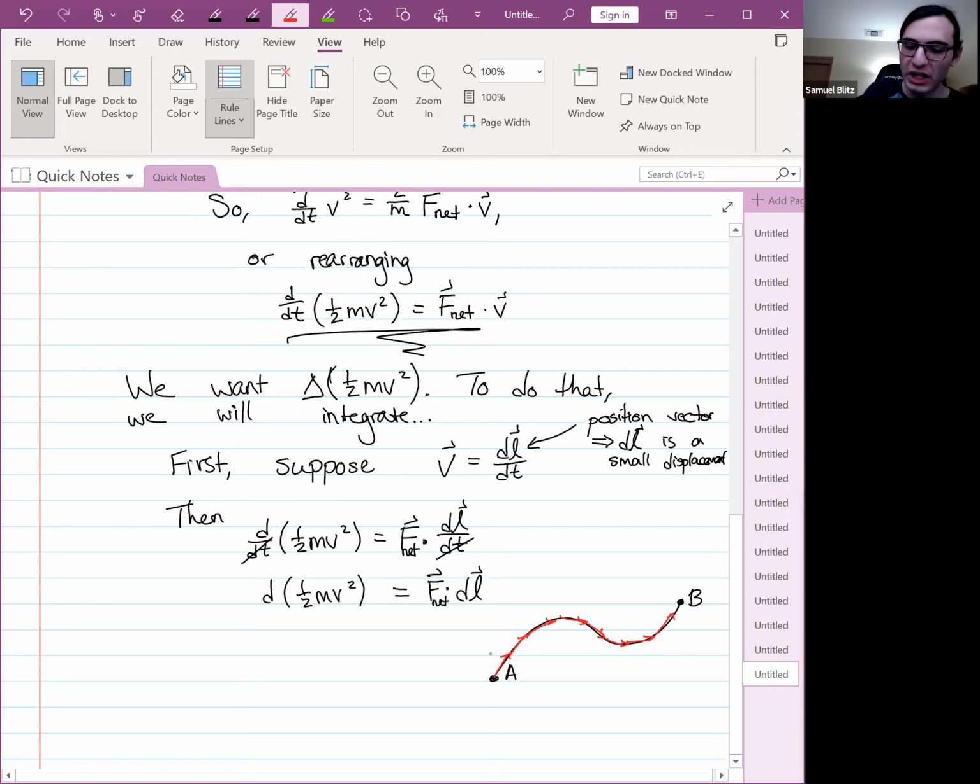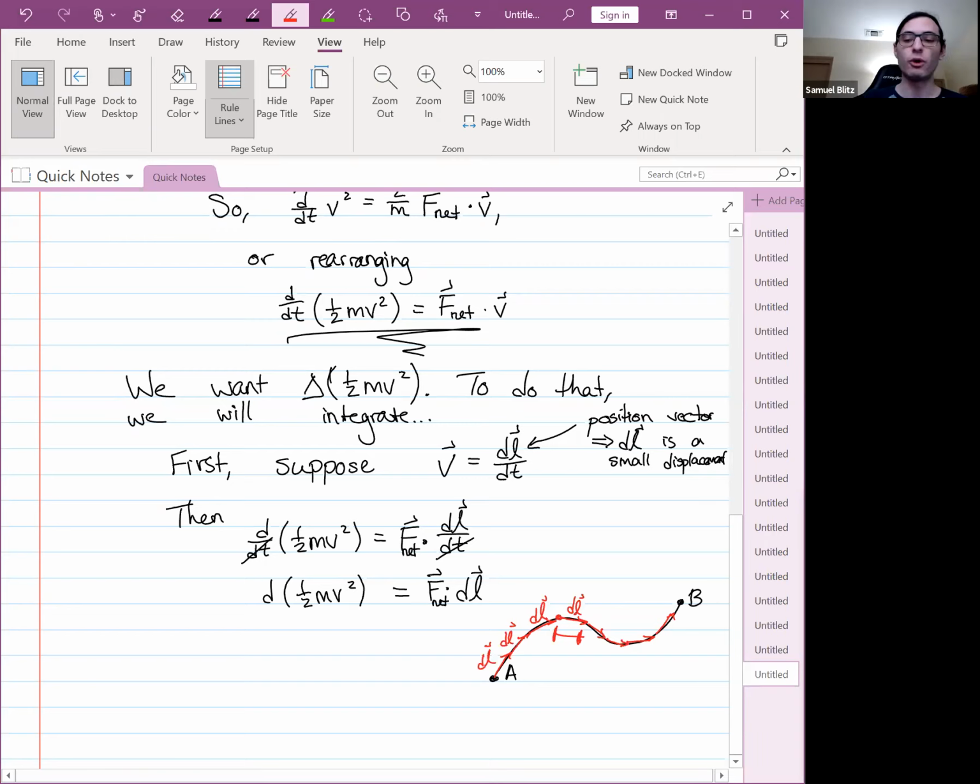Each one of these is going to be its own dL. And so if we want to find the small change in 1/2 mv squared between, say, this point on the left and this point on the right, we would find the force applied at that location, dot it into the dL vector, and that would tell us how much this is changing by.